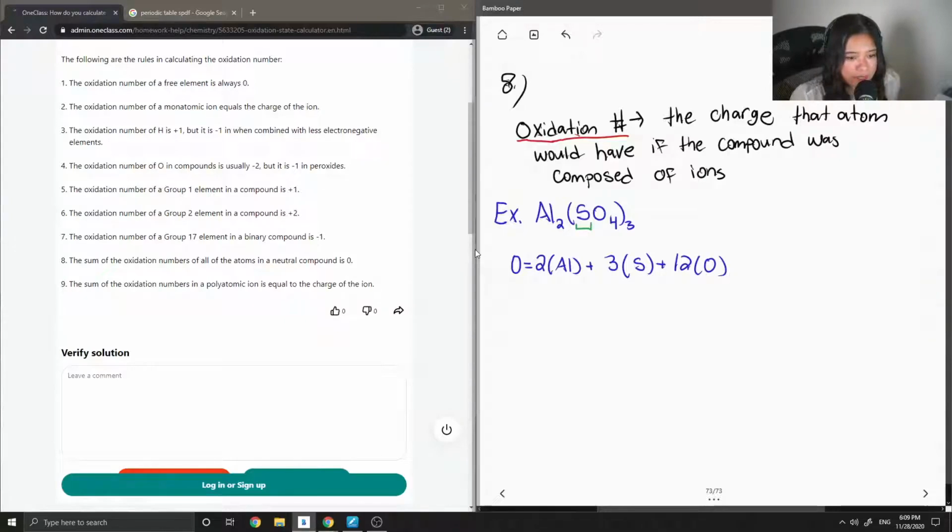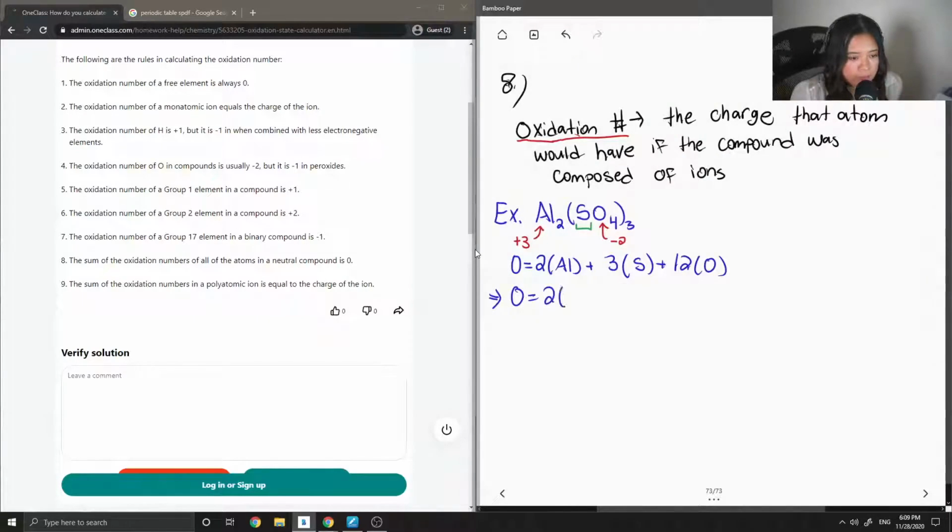So in the brackets, I am now going to put in the oxidation number of each of the atoms. Aluminum is a group 3 element, and it has an oxidation number of +3. And rule number 4 says the oxidation number of oxygen is usually -2. So since this is not a peroxide, oxygen has an oxidation number of -2. So I'm just going to plug those values in.